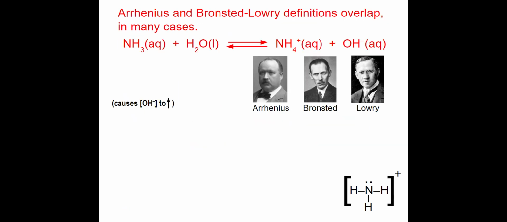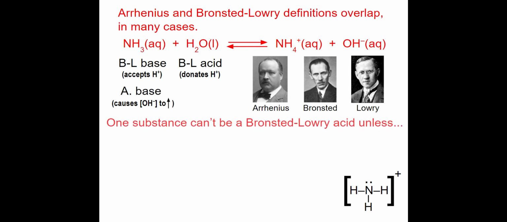The Arrhenius and Brønsted-Lowry definitions overlapped in many cases. So you have NH3, which is a Brønsted-Lowry base, and H2O, which is a Brønsted-Lowry acid. The Brønsted-Lowry base accepts the hydrogen, and it does cause the OH- to go up, so it's considered an Arrhenius base.